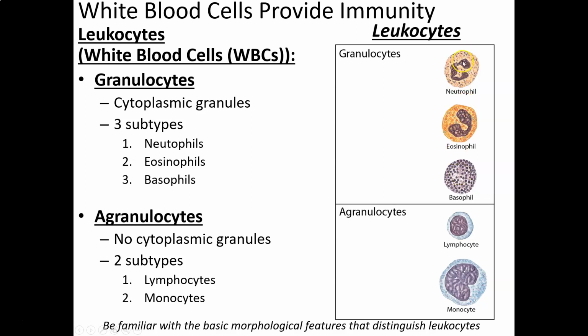So they have granules in the cytoplasm. The agranulocytes do not have granules in the cytoplasm. So our granulocytes are the neutrophils, the eosinophils, and the basophils. So notice they all end in that last word, phil, while the agranulocytes are the monocytes and lymphocytes. So they end with cyte.